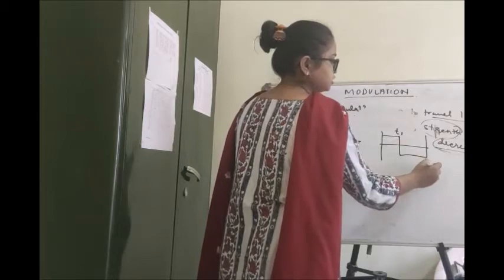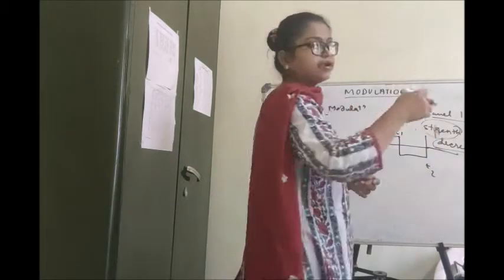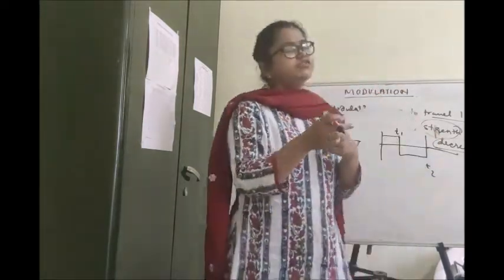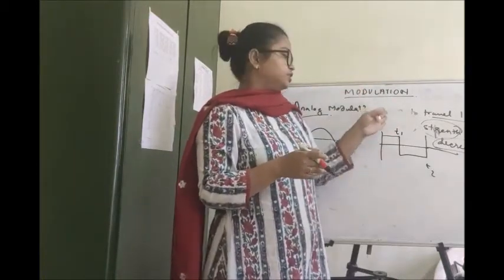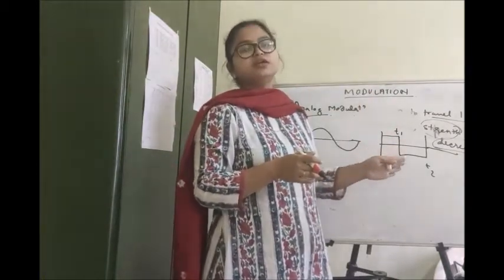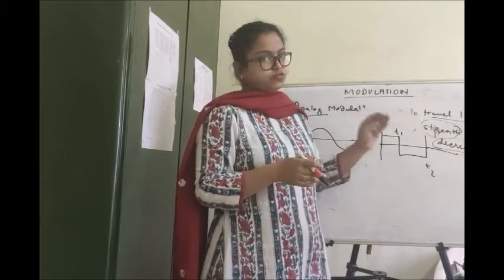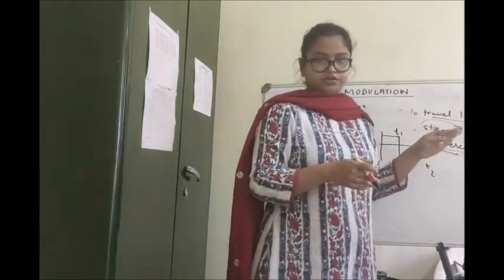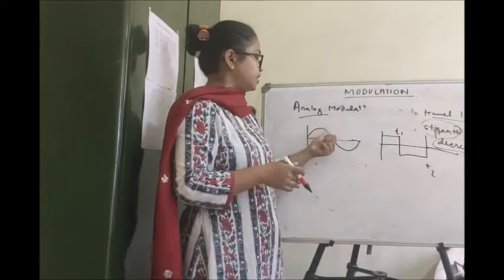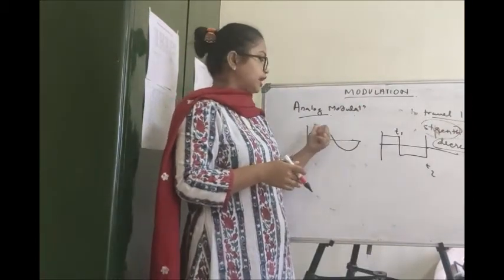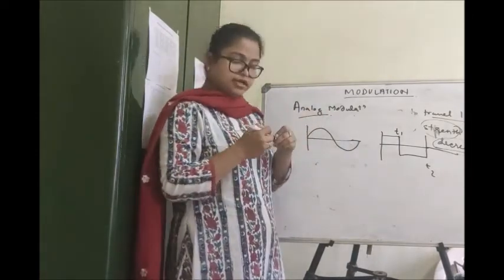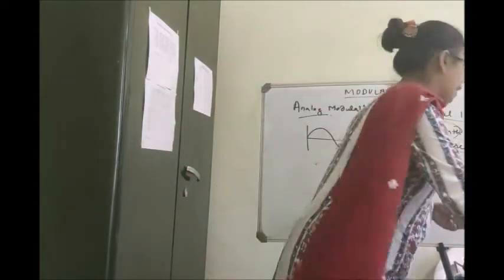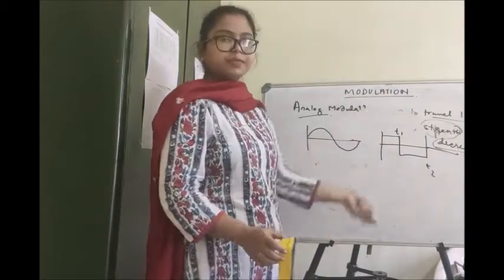This is T1, this is T2. So at abrupt or specific times, whatever may be the case, there is a sharp change in amplitude in case of a digital signal. It is not continuous. In an analog signal, the change of amplitude with time is continuous, and in digital, there is abrupt change.